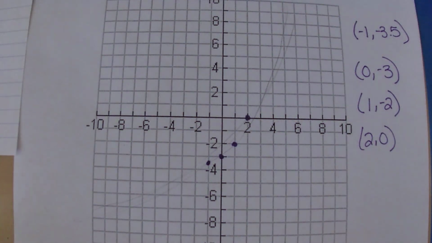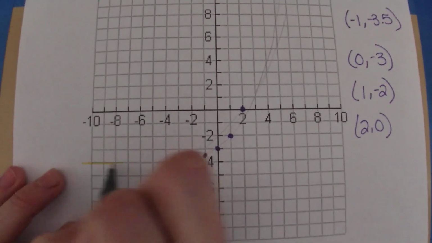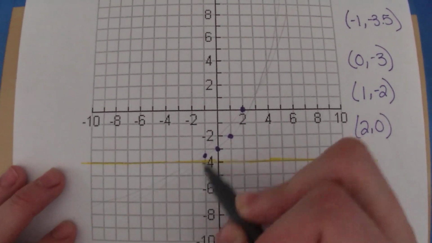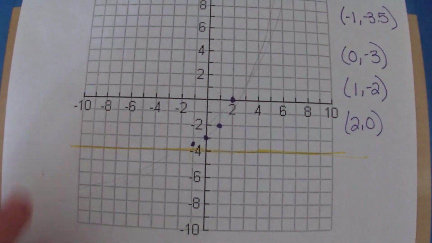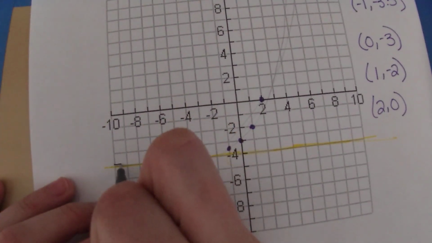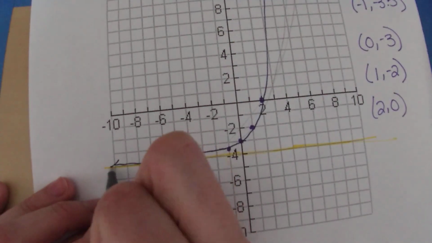We need to understand that that -4 is really important. That -4 says that we cannot cross this line. So I'm going to y is -4, and I have a line there that I can't cross. So what's actually happening with my graph is I'm getting this shape right here, right?